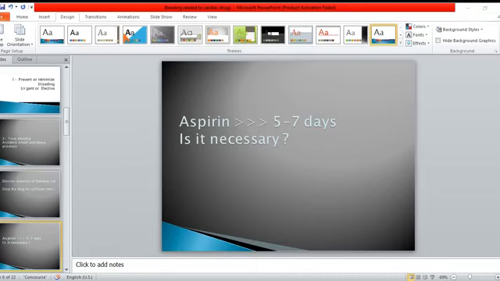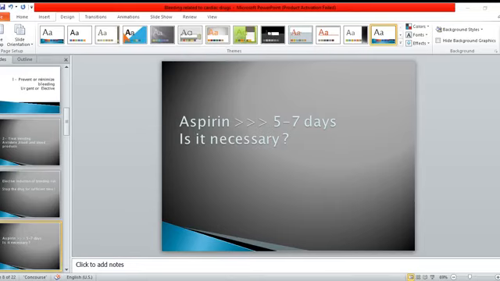There is an exception, which is neurosurgery. If a surgery is in a closed space, like spinal surgery or neurosurgery, it's better to stop aspirin also. So we stop aspirin and clopidogrel if the patient is on dual antiplatelet therapy.